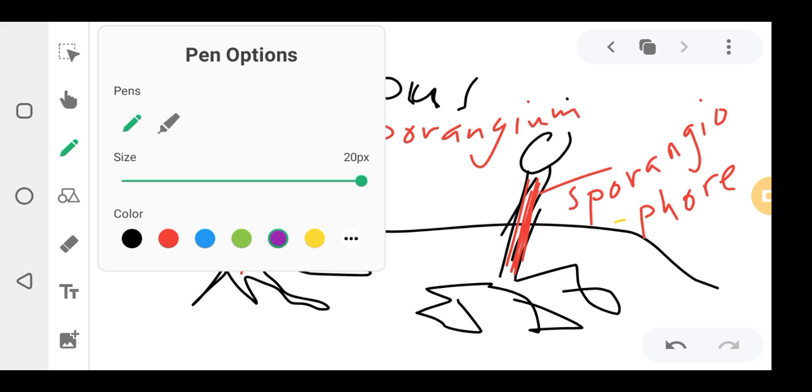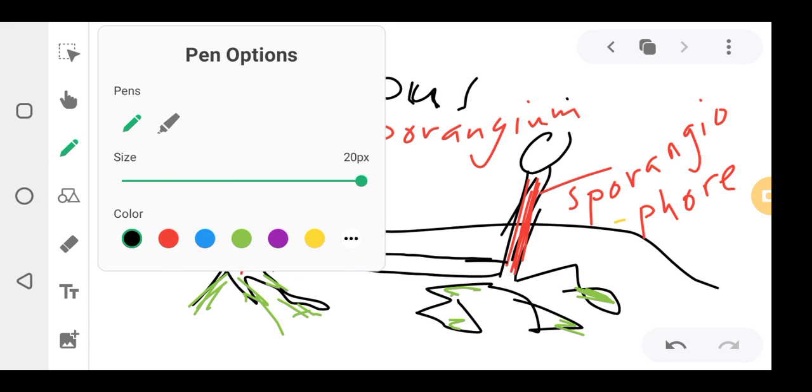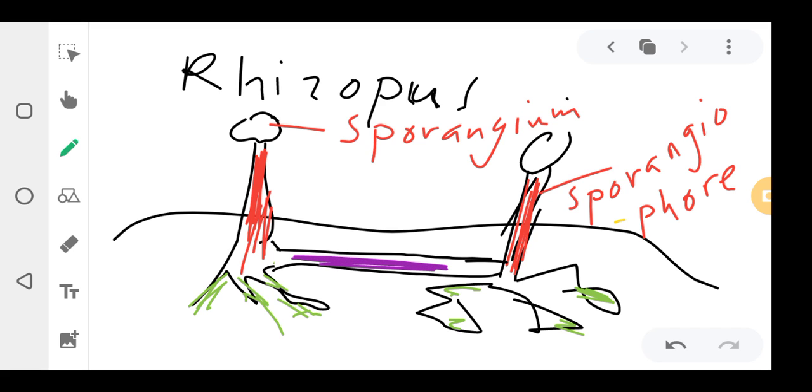These are vertical hyphae. This one, the one that looks horizontal, joining this one, is called the stolon. And then these ones that look like roots are called rhizoids.